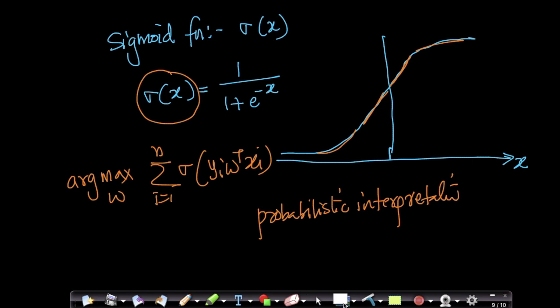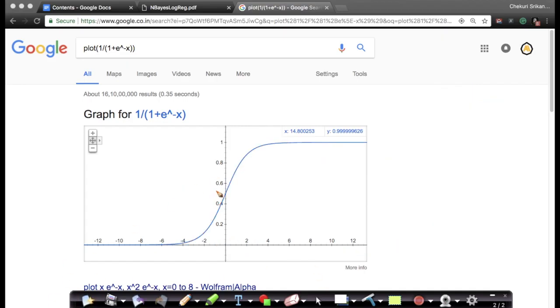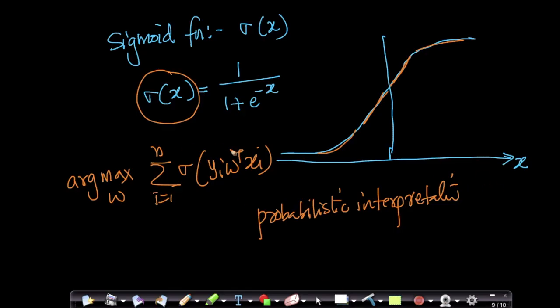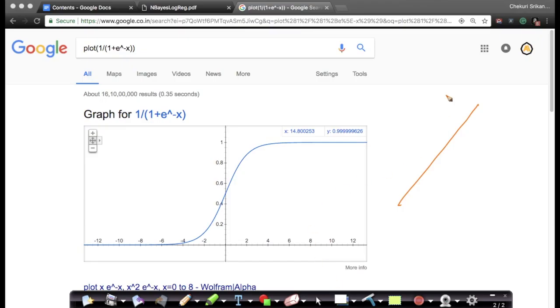The interpretation is as follows. Okay, let me show this to you. Imagine this is my hyperplane, right? Let's assume I have a point on the hyperplane. By probabilistic interpretation, what this returns to me is the probability of yi equals 1.